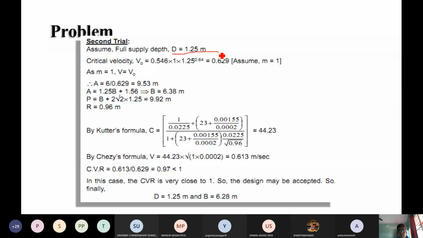You have taken d equal to 1.25 meter. Then do the calculation for the critical velocity, find out the area. Area can be found as per this formula. Perimeter can be found with this second assumed depth, and R is equal to 0.96. Find out C parameter, velocity, and CVR is nearly equal to 1, that means 0.97.